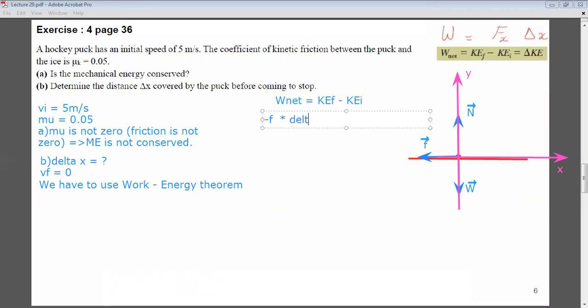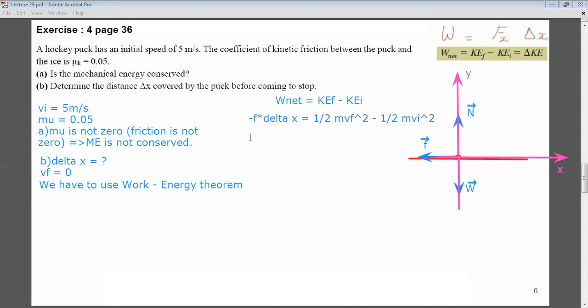times delta X is equal to kinetic energy final, which is half mv final square, minus half mv initial square. Okay.